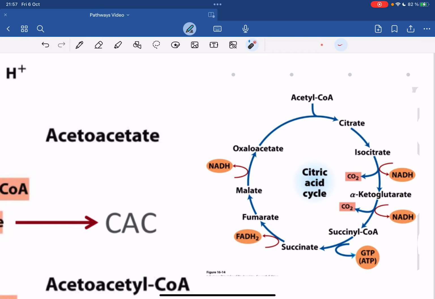However, ATP is some sort of allosteric regulator. So it will say if there's too much ATP that we're having in our body, too much accumulation. Remember, we can't have too much ATP in our body. ATP weighs a lot. It will tell our citrate right here to stop being converted into isocitrate.